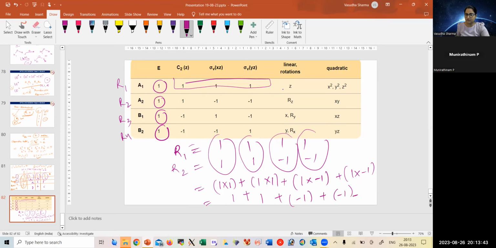Now add on, and what would be the value? 1 plus 1 is 2. Minus 1 is minus 2. 2 minus 2 is 0.